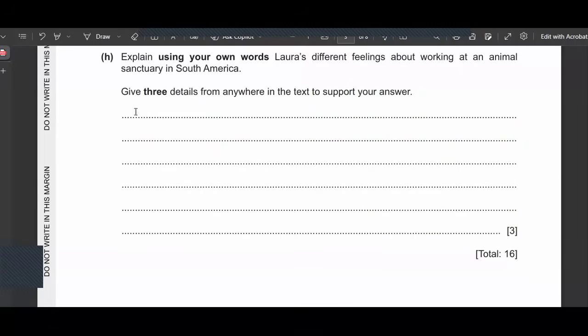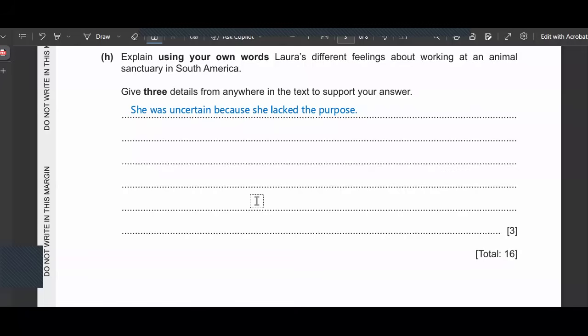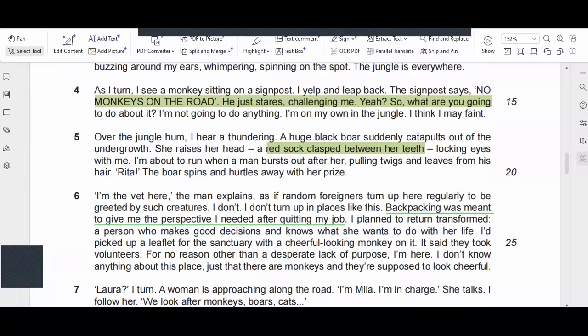We can say over here that she was uncertain because she lacked purpose. So the feeling that we have mentioned is that she was uncertain, and she lacked purpose is the evidence which we had discussed over here.